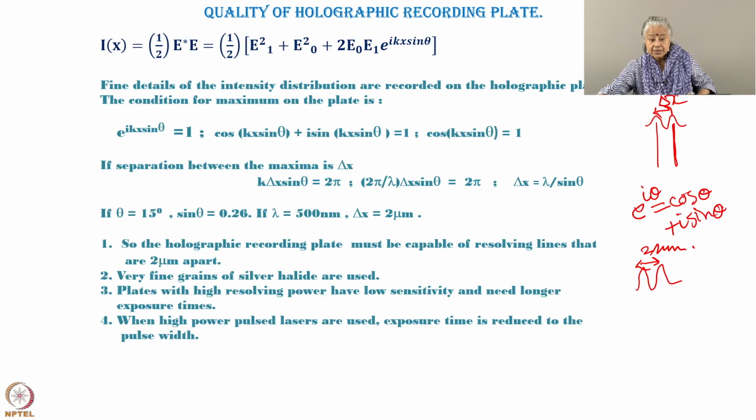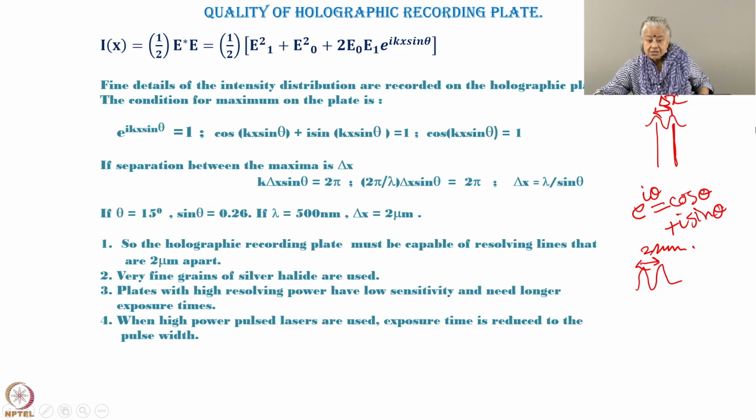Okay. So, that sort of an accuracy you need. So, how can you get that accuracy? You will get that accuracy by very fine grains of silver halide being used. Very fine grains are used. Then this separation of 2 micrometer can be recorded.